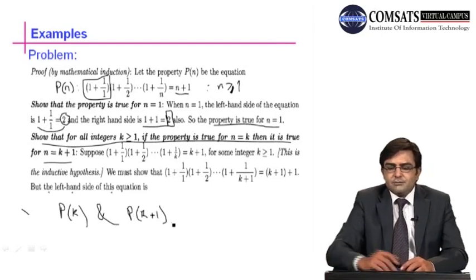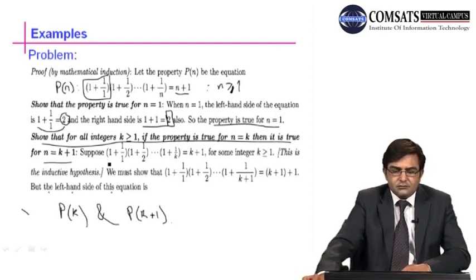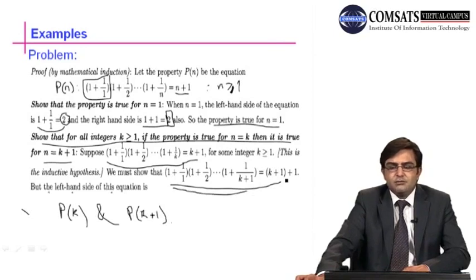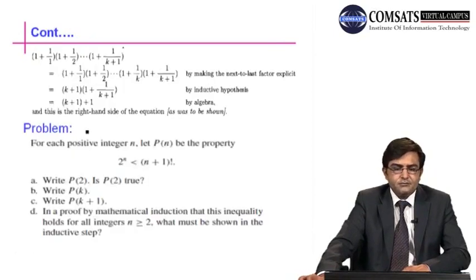So we suppose here that this is true for k, and we must show that this is true for k plus 1. So we shall suppose the left hand side, and then we shall prove the right hand side.